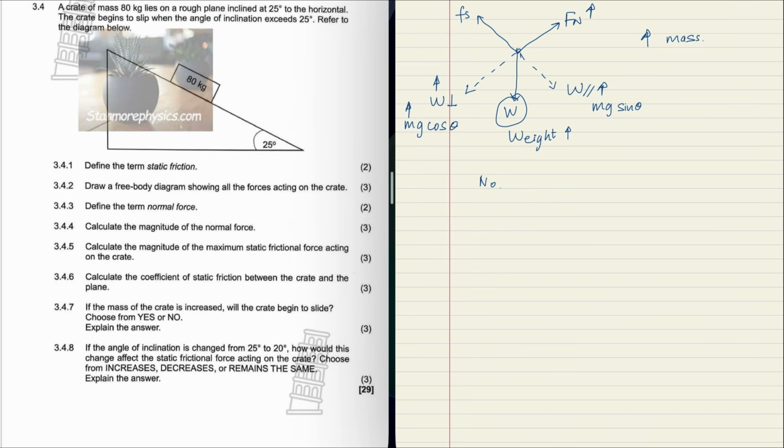So the reason is the W parallel will increase, and that means the Fs max will also increase by the same magnitude.